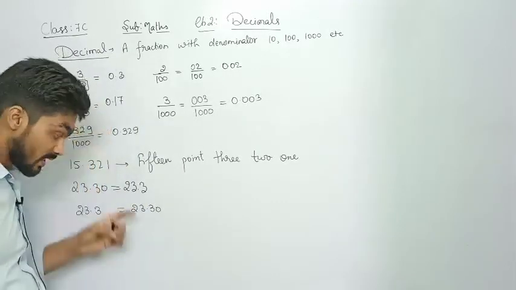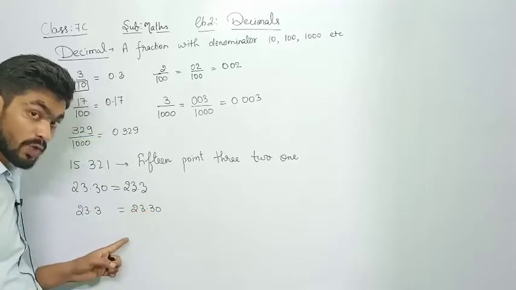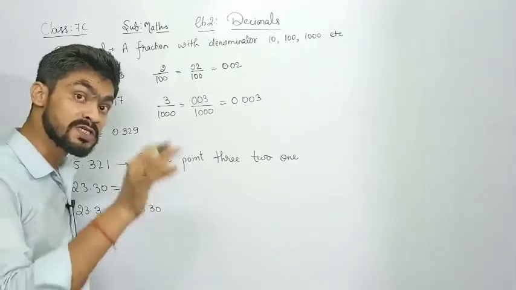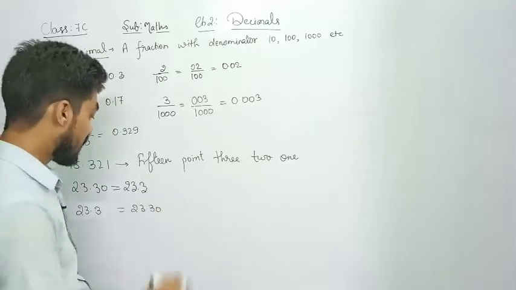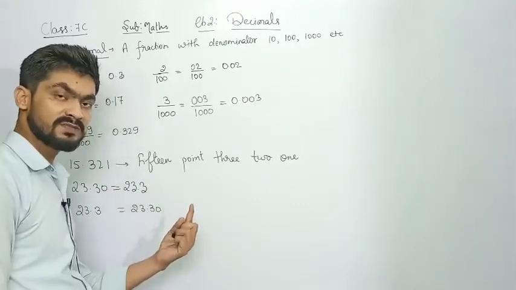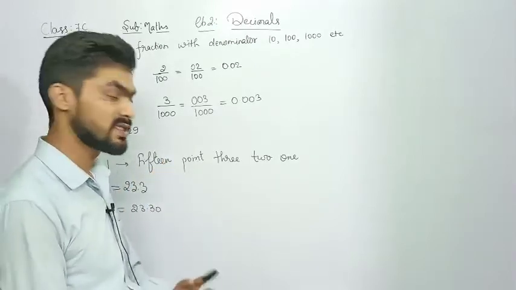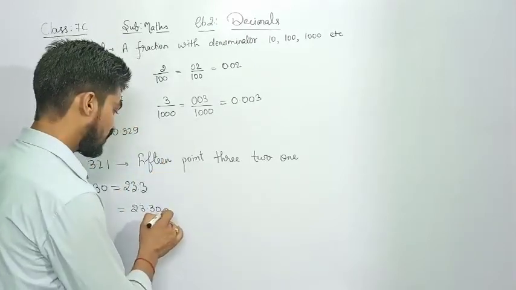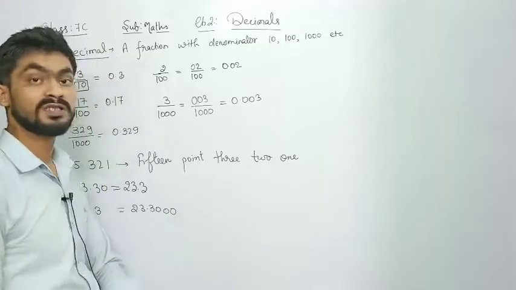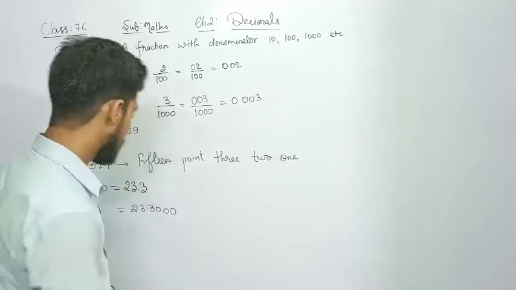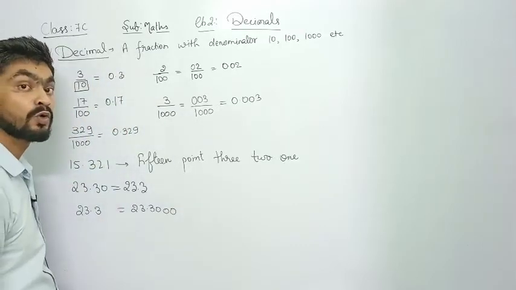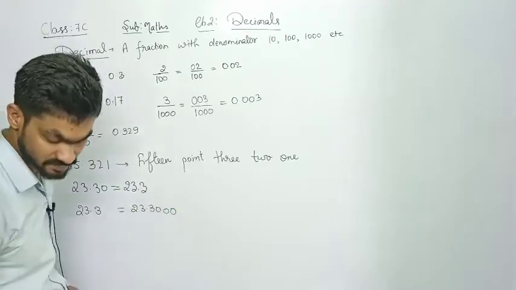For example, if you place 0 before the decimal, it will change the result. But if you place 0 after the decimal, meaning to the right of the decimal, it will make no change in the number. Just like this, you can write 23.3000. That is also correct. It will have no impact or change on the result.